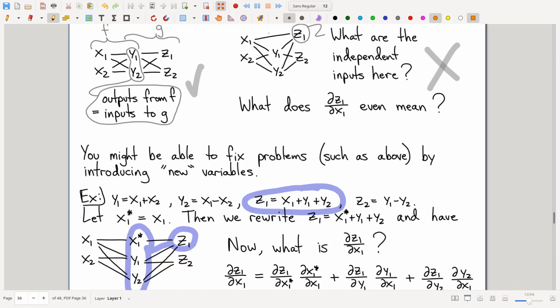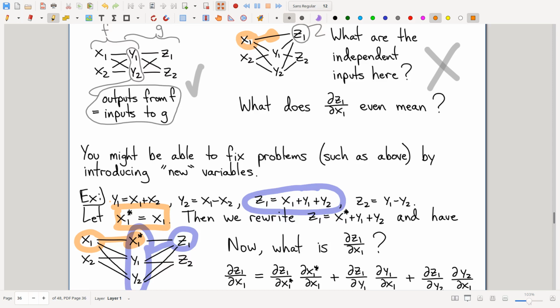So I need for this new variable actually to be literally x1. This new variable that I inserted in here, I'm calling it x1 star because it's x1. I just need to view it as being a separate variable, even though it's always got the same values. I need it to be a separate variable so my diagram makes sense, and so this actually is a composition of functions.